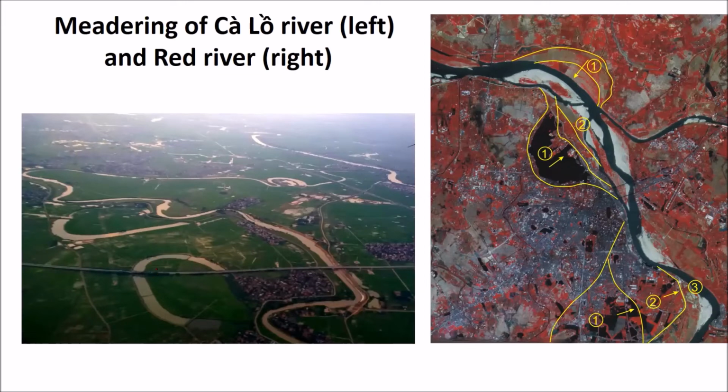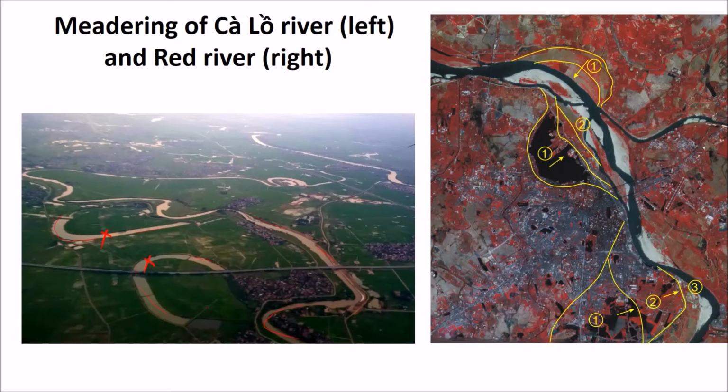This photo is of the Cà Lồ River in the Sóc Sơn area. You can see the river changes direction dramatically. And here we have some oxbows, one, two oxbows. Maybe some others, but not very clear. Here we have these two oxbows very clearly.